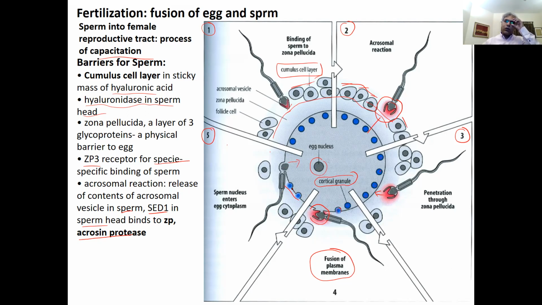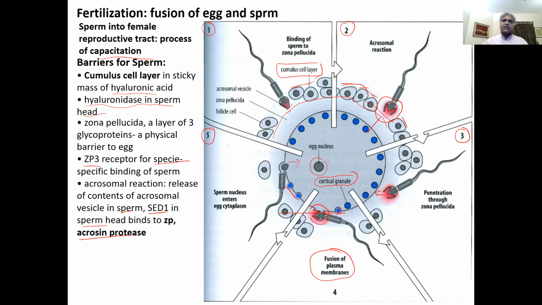Now, what is the role for release of cortical granules here? The purpose of cortical granules is because only one sperm can fertilize. There are hundreds and thousands of sperms traveling through the reproductive tract of females, but there's one oocyte and only one sperm is eventually going to be successful.